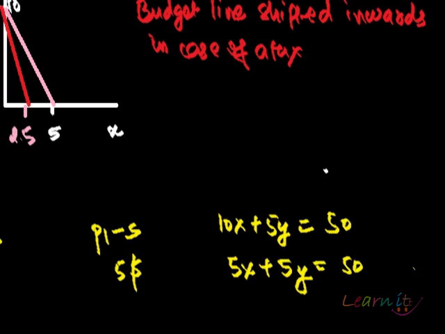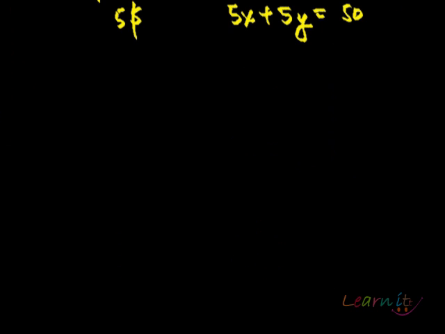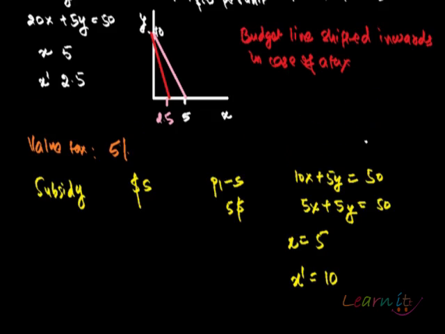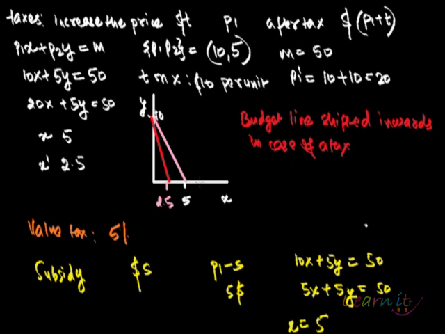He is not concerned with how the government will pay that. Earlier X was 5, now X is 10. So the budget line is going to shift outwards in this case. I'm using the same diagram. The budget line would shift outward because Y is not changing. Now X would increase to 10 and the budget line will be like this.